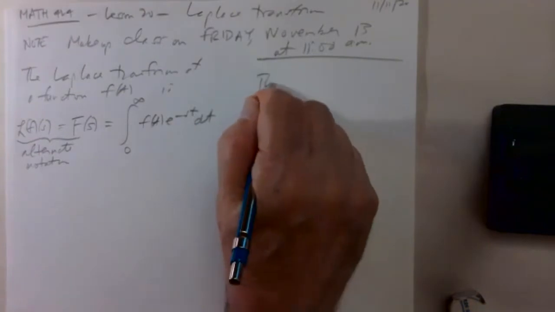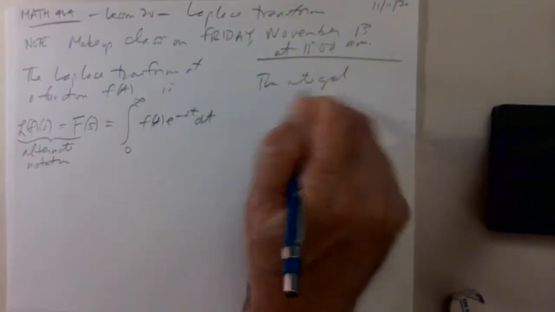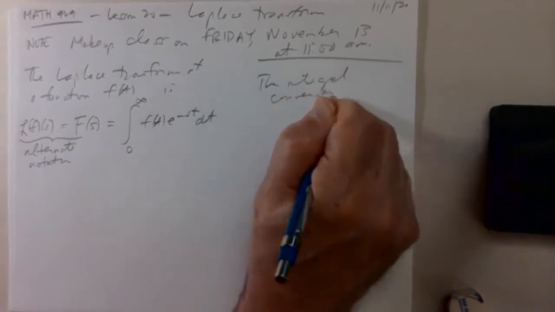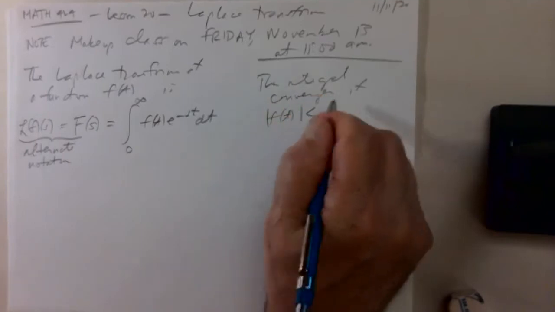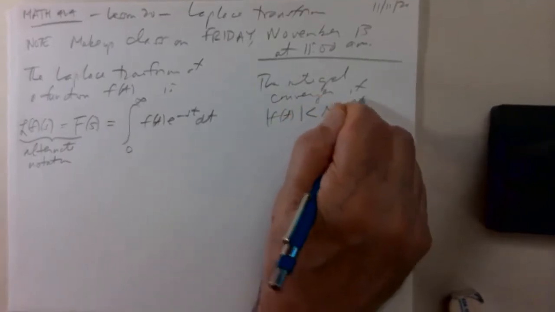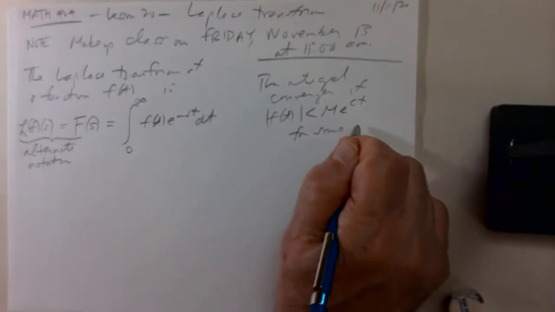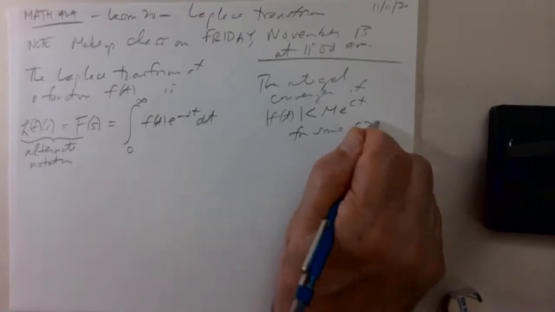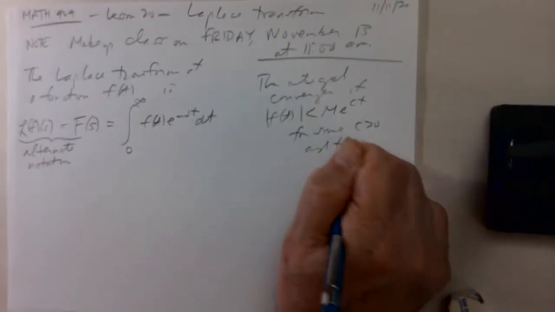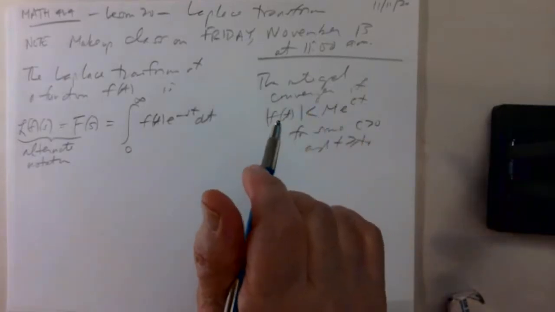And the integral certainly converges if f of t is less than some constant times e to the ct from some point on, and if it's continuous or piecewise continuous and so forth.